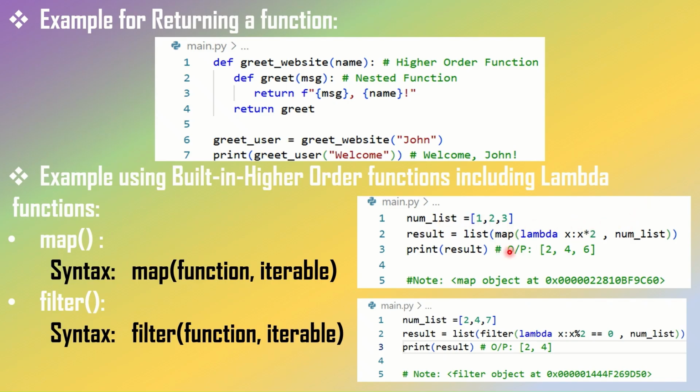So inside this map function I have passed 2 parameters, and then I want to convert the processed items into a list.